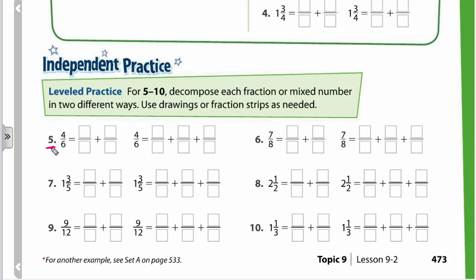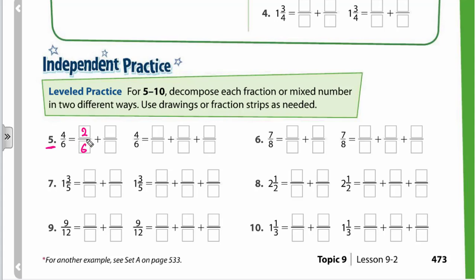Ali Isa, yes, mister. Go ahead. 4 sixths. Decompose it. Maybe 2 sixths plus 1 sixth. 2 plus 1.